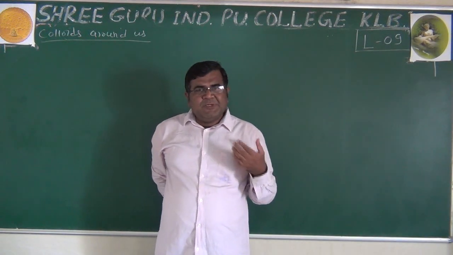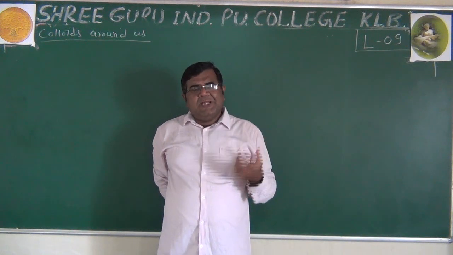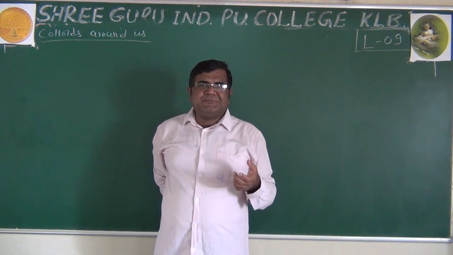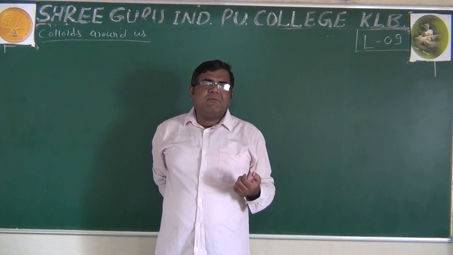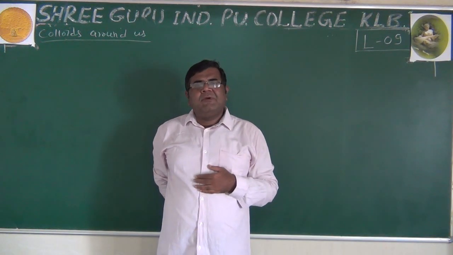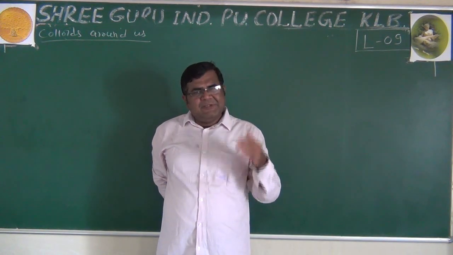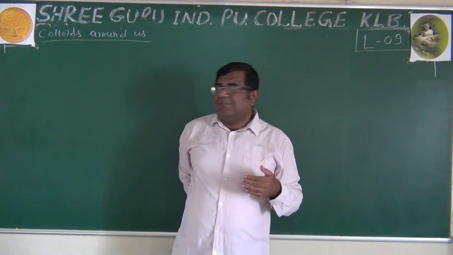The newspaper which we read also involves colloid, because ink is a colloid. The furniture which we use is also of colloidal nature. So colloids are everywhere. Some 6 examples are given here.